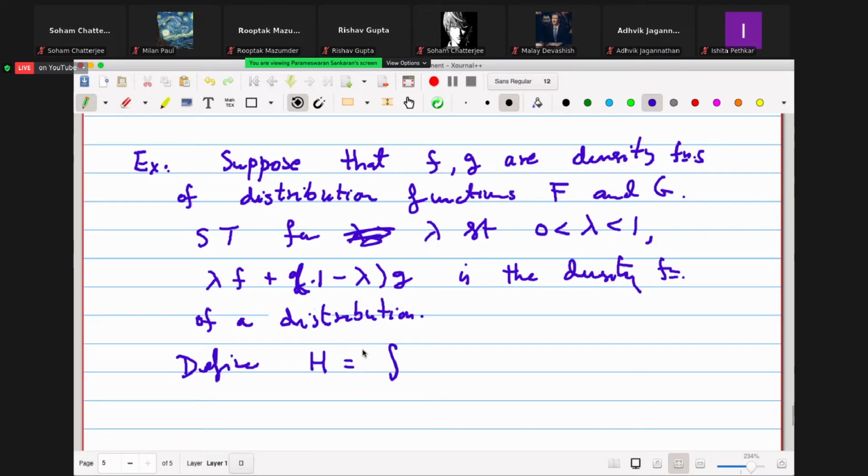So H of t is equal to the integral from minus infinity to t of lambda times f(u) plus (1 minus lambda) times g(u) du. Sorry, here I should write u, I keep making mistakes like that.